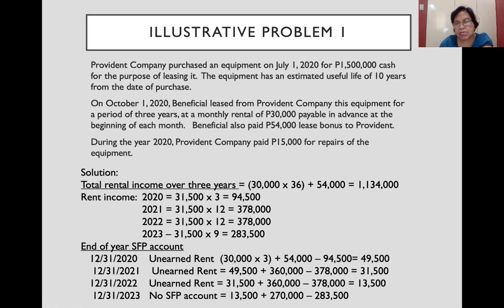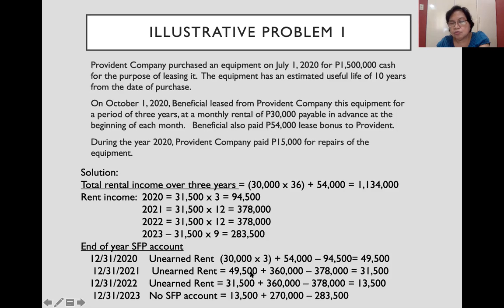That will be reported as lease receivable or accrued rent income. For the year 2021, we start the year with an unearned rent of 49,500. This is the first rent that will be earned during this period, plus the collection of 360,000 minus the rent income that will be reported in the statement of comprehensive income of 378,000.